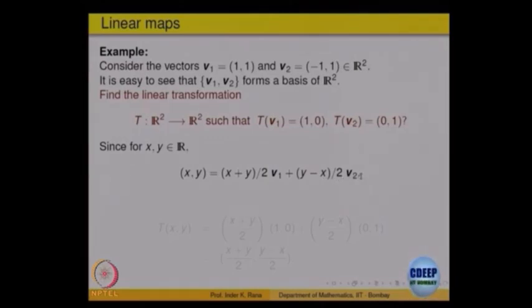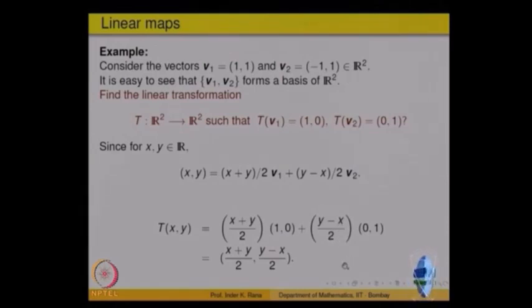T of V1 is (1, 0), T of V2 is (0, 1). So, it is this scalar multiplied by the vector (1, 0) plus (y minus x)/2 multiplied by (0, 1). So, this is ((x plus y)/2, (y minus x)/2). That is the linear transformation.